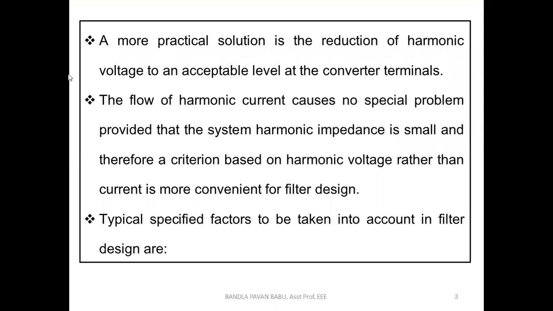Next, a more practical solution is the reduction of harmonic voltage to an acceptable level at the converter terminals. As I said before, these power lines depend upon high operating voltage levels, and they are going to interfere with the telephone signals.